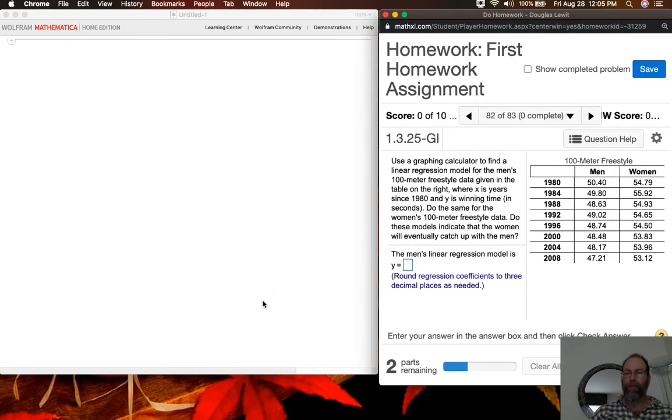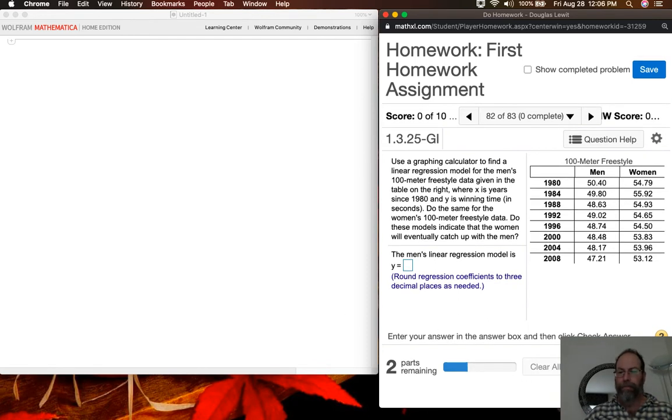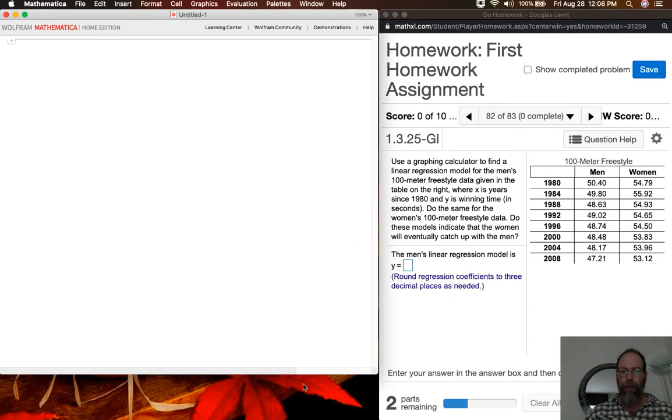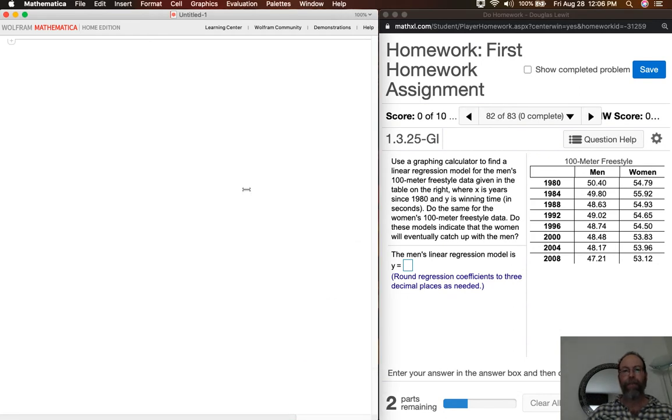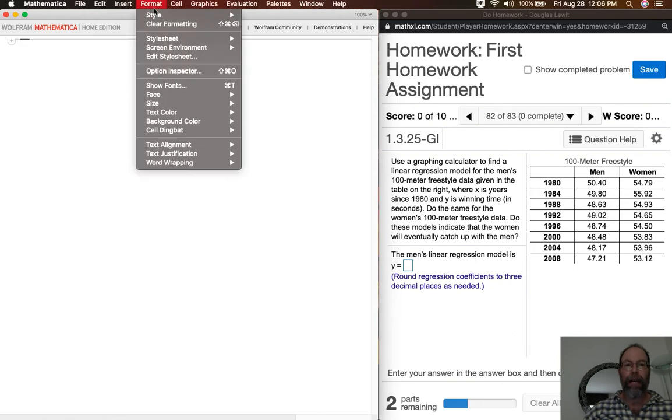I'm just trying to resize these windows so that we can look at both of them at the same time. This is a 13-inch laptop, so the screen is not very big. Okay, so I have my Mathematica window on the left. I have my Pearson window on the right. And I would like to format this a little.